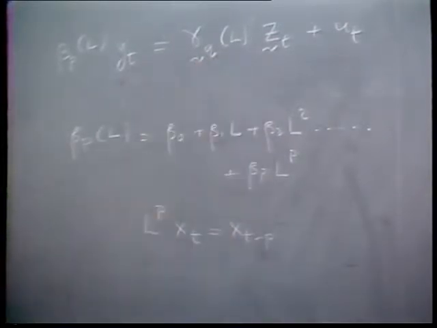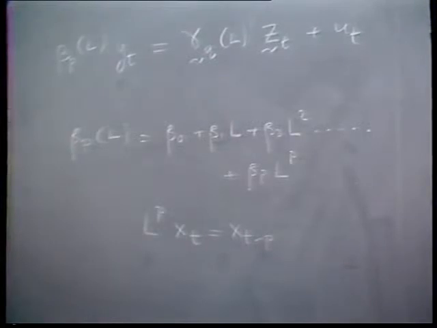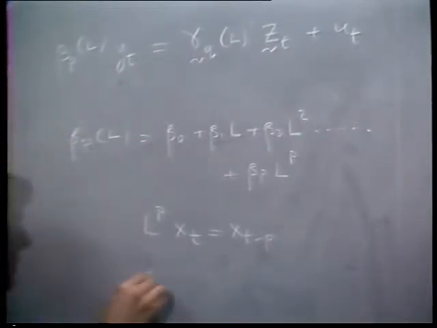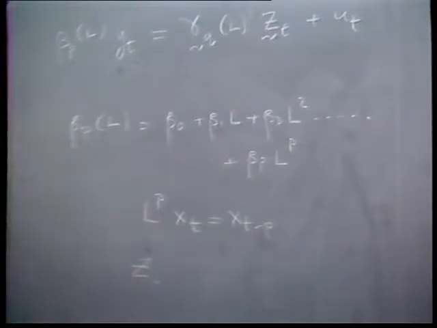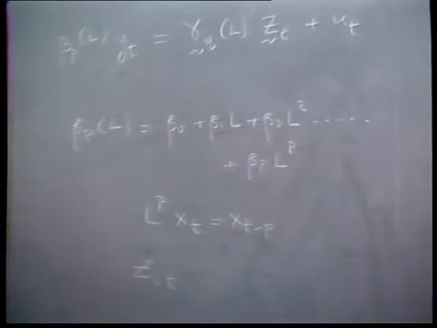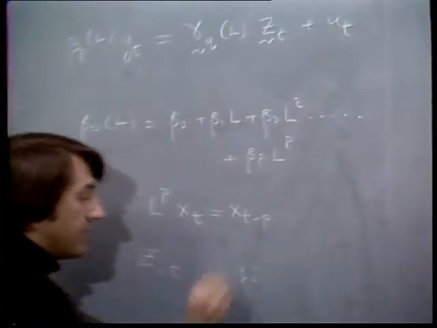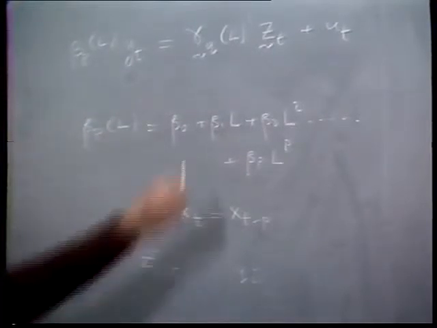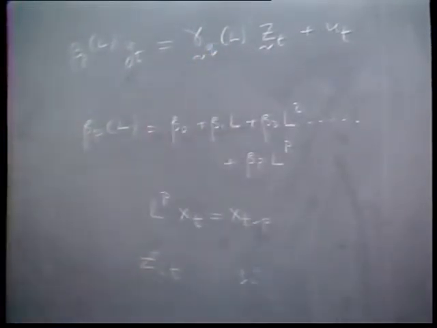The Q subscript on the vector polynomial gamma of L denotes that the maximal order of the polynomials in that vector is Q. For any individual variable i within the vector zt, the corresponding polynomial will be of order Qi, so that it's not necessary that all the polynomials in that vector of polynomials are of the same order.